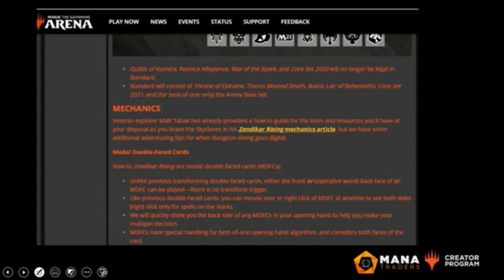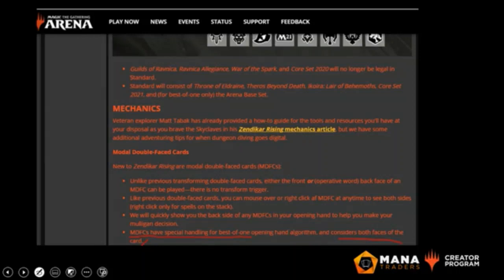According to Wizards of the Coast, in the Zendikar Rising release notes, the MDFCs have special handling for the Best of 1 opening hand algorithm, and it considers both faces of the card. This is as much information as I was able to get online on how the algorithm handles the MDFC. In other words, we don't know, just based on what we have online, how it's being handled.